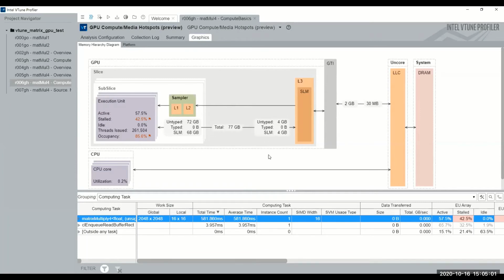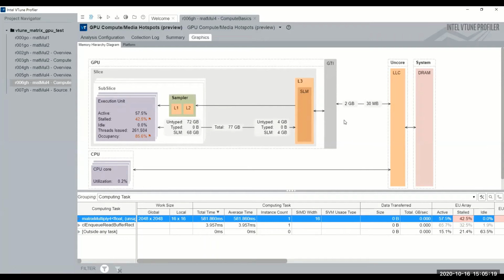So it's a good indication to reconsider the algorithm and try to understand maybe there is a better way of implementing the access to memory units.